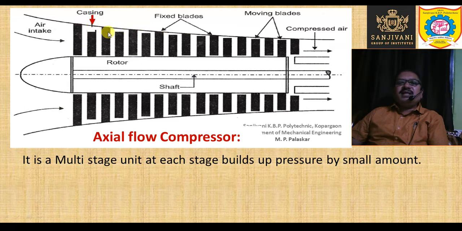So this is a fixed blade, and here also you can see fixed blades. These are the various fixed blades which are fixed to the casing from the inner side. Actually this casing is almost cylindrical, and we have a ring, or a row, of fixed blades along the periphery, or along the circumference, of the inner surface of the casing.